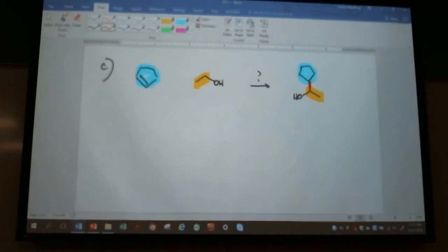Since this has an oxygen, let's assume that this is going to be my aldehyde. Let's oxidize this to an aldehyde. Okay? To which my Grignard is going to add to form the alcohol. Right? These two carbons, and this oxygen, which is going to become OH.